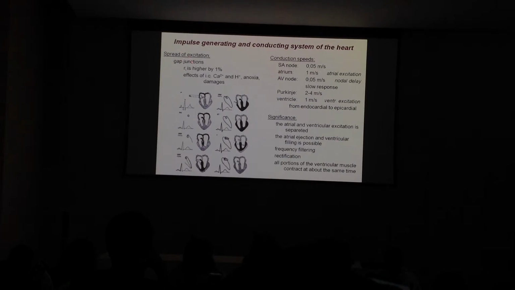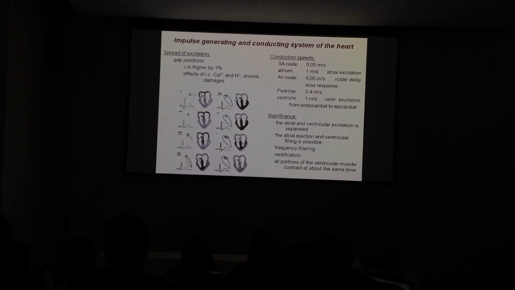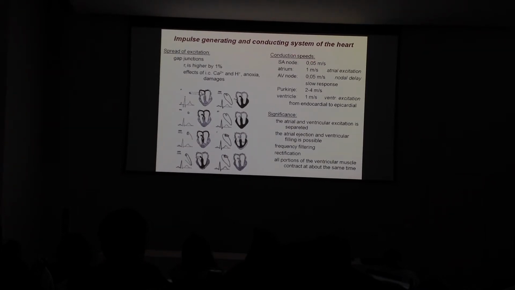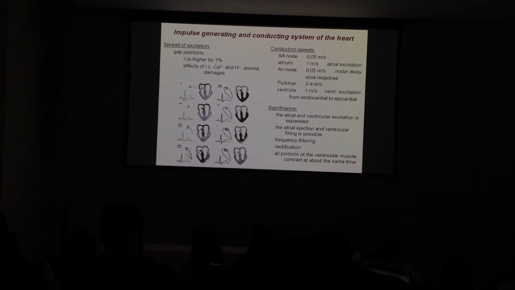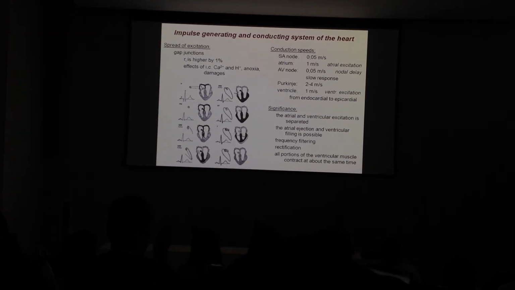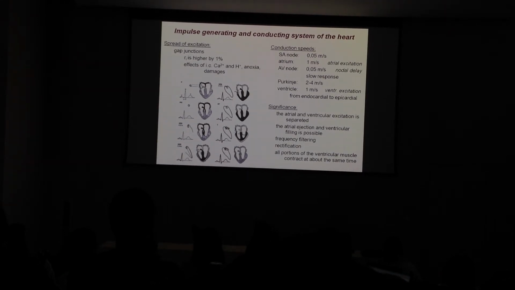Okay, so the gap junction makes possible the smooth propagation of action potentials. But there is another system which makes sure that the propagation will reach all the fibers. This system can be characterized by the propagation speed of the action potential in different areas. The SA node has a low propagation speed.